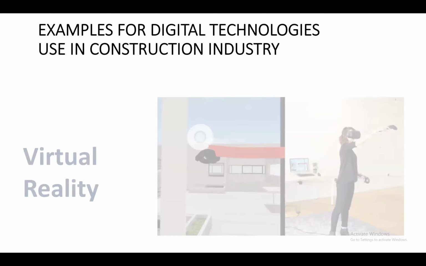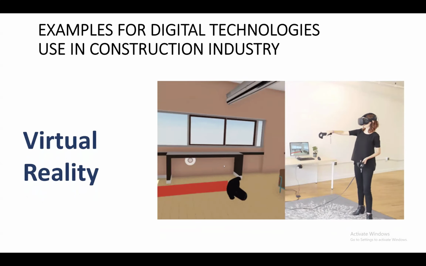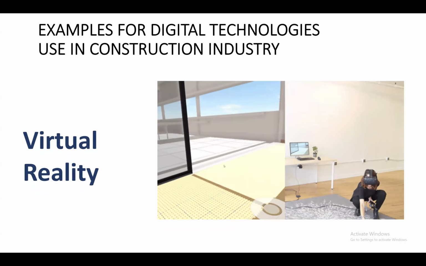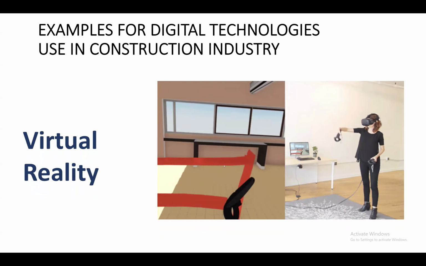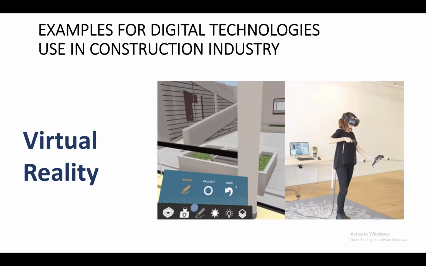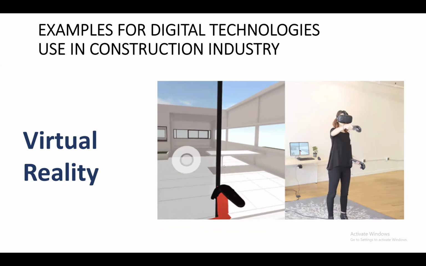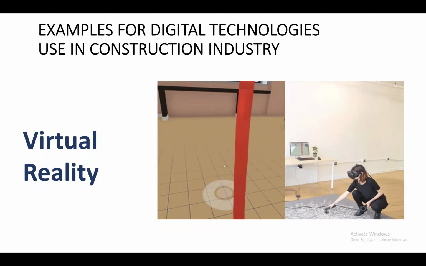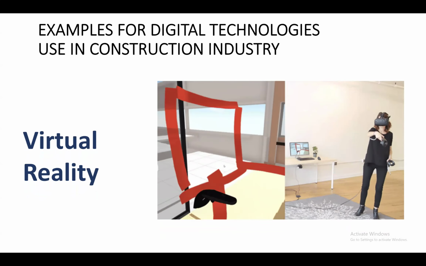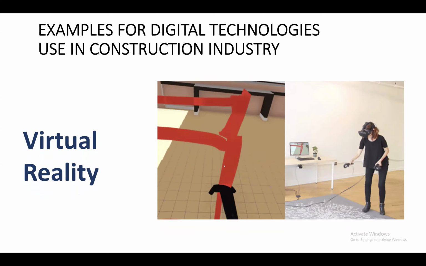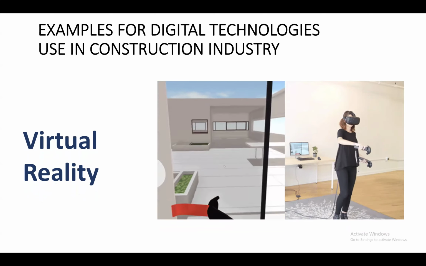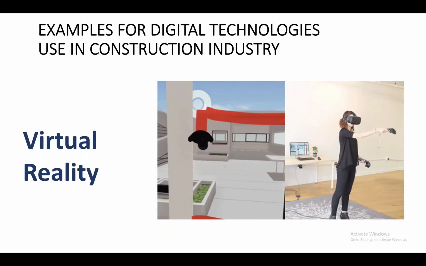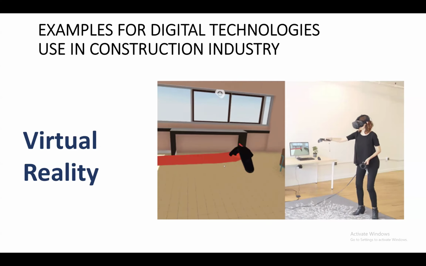An example of digital technologies is virtual reality. This is an amazing concept. You can wear virtual glasses, go into the building by using these virtual glasses, observe everything, and experience it.